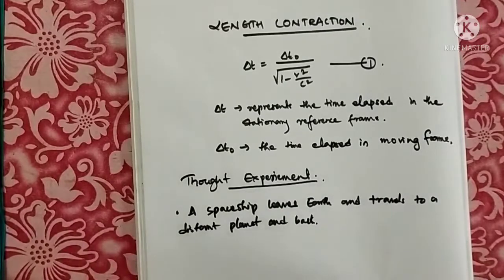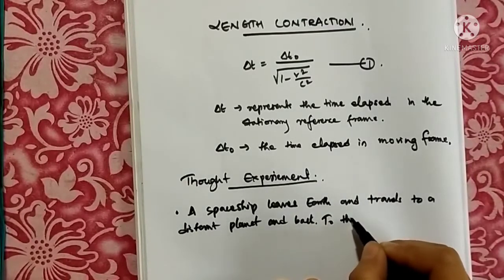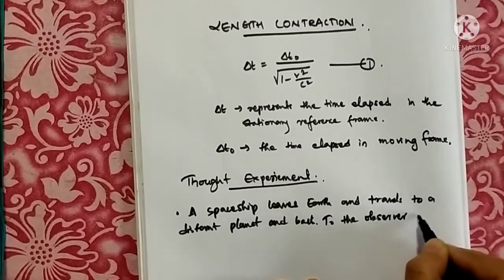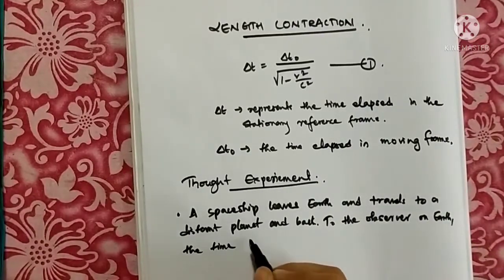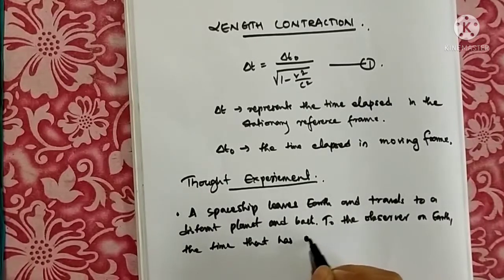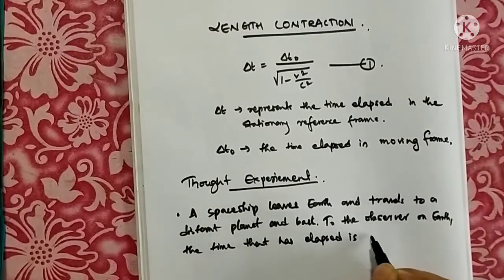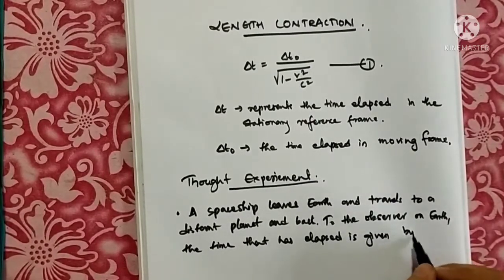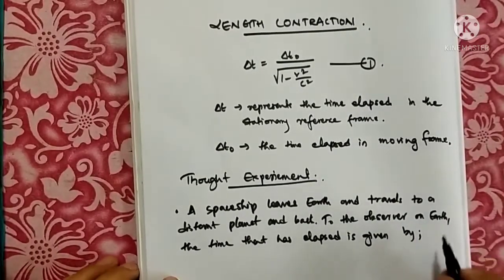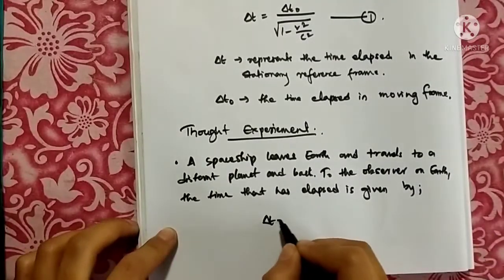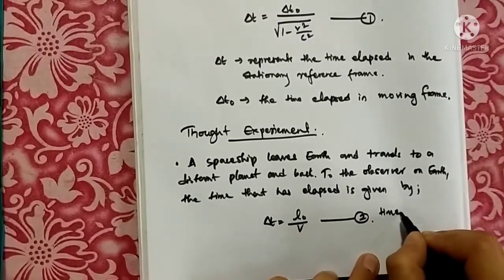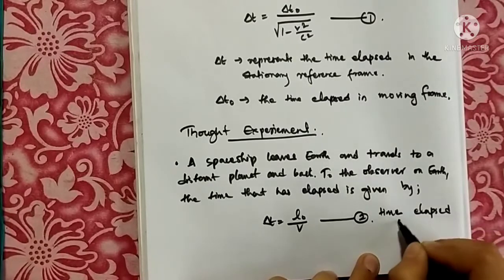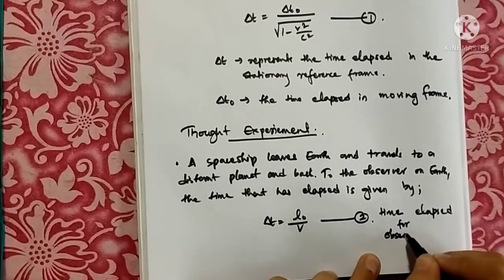To the observer on the Earth, the time that has elapsed is given by delta t is equal to L naught by V, equation 2, which is the time elapsed for the observer on Earth.